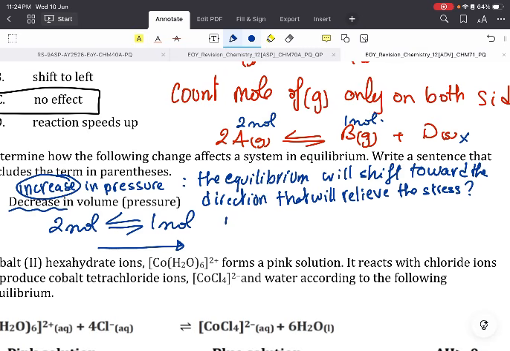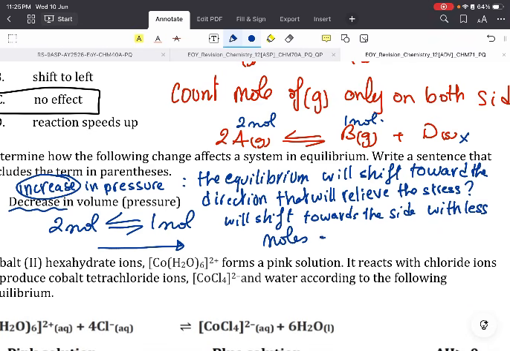So here equilibrium will shift towards the side with less moles of gas.